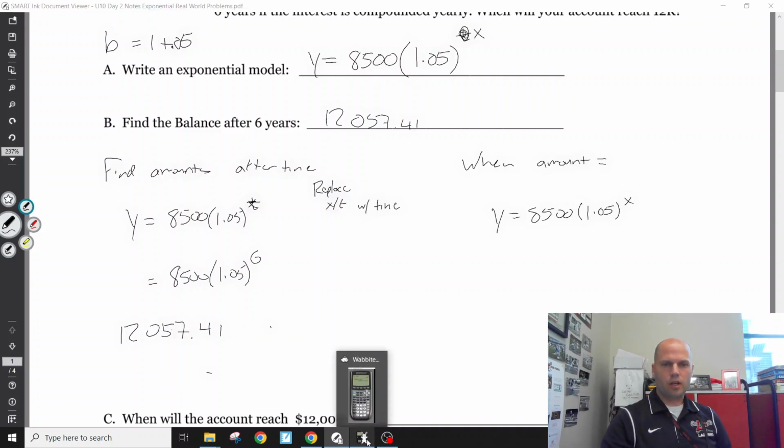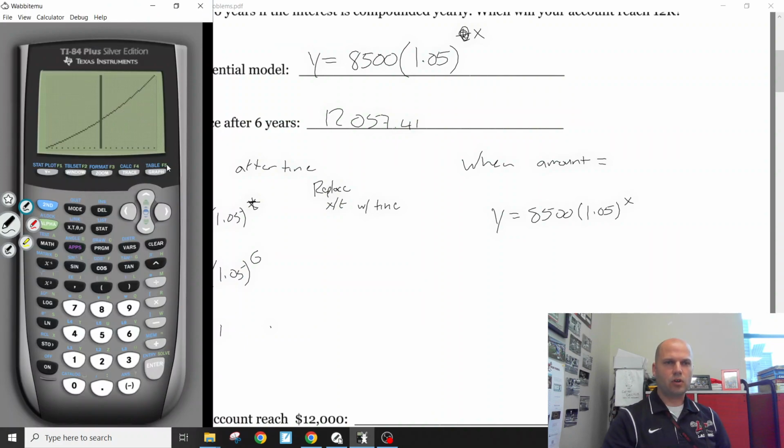If you're in your calculator and you're in the graph, you could also find this either going into your table or pressing this trace button and then saying, what's my value after 6 years? What did I type in wrong? Oh, I did 6%. Whoops. It's a good way to check. My bad.